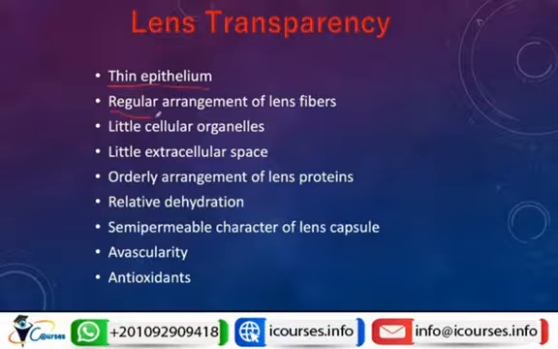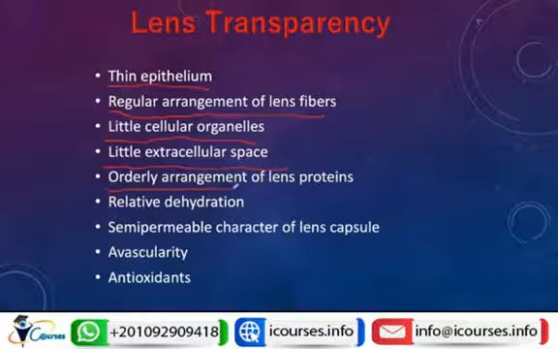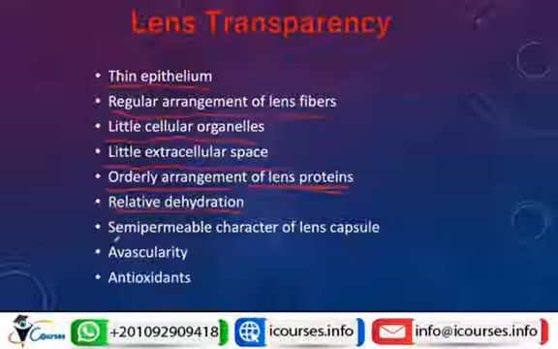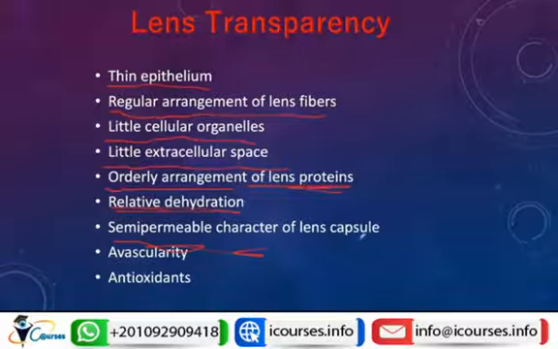Thin epithelium, regular arrangement of the lens fibers, as we said in the cornea as well, few cellular organelles, little extracellular space, orderly or regular arrangement of the lens proteins and the prevention of their aggregation, relative dehydration by low water content, semi-permeable character of the lens capsule, so it allows diffusion of the nutrients and of the waste products, the avascularity, and this is the new thing increased over the cornea, which is the antioxidants.